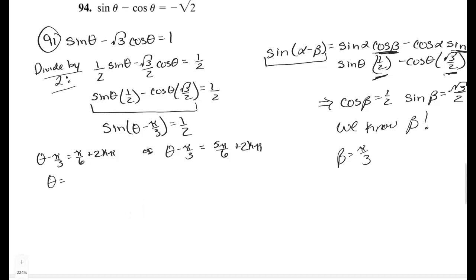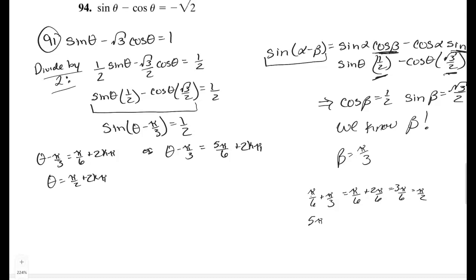So I'm going to add pi over 3 to both sides. We have pi over 6 plus pi over 3, which is pi over 6 plus 2 pi over 6, which is 3 pi over 6, which is equal to pi over 2, plus 2k pi. Same thing here, I'm going to add.